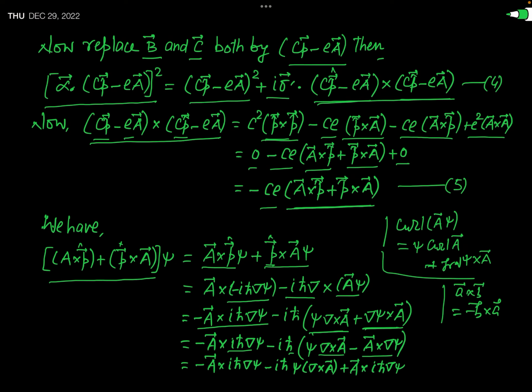Now see, this is minus A cross i h bar del psi minus i h bar psi del cross A, and minus minus plus, this is plus A cross i h bar del psi. So this first term and the last term will cancel out, and your result is simply minus i h bar psi del cross A, that is curl of A.